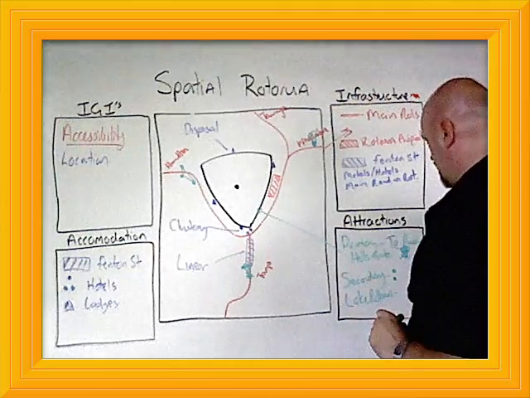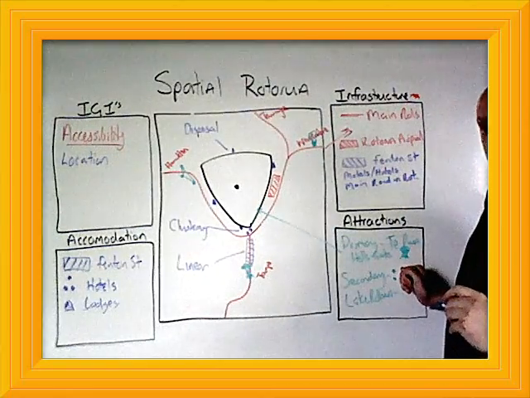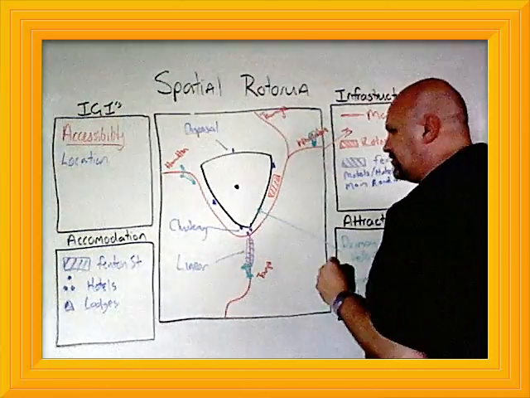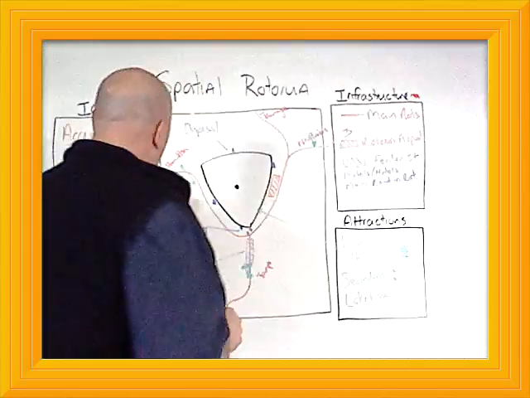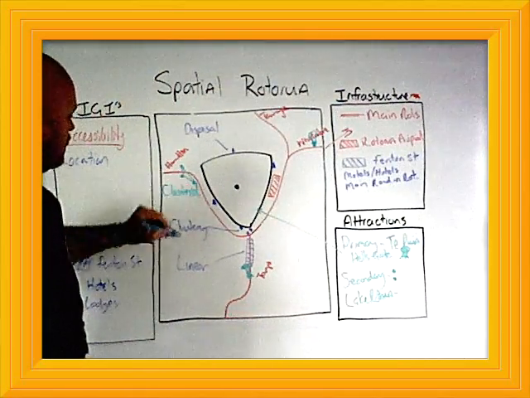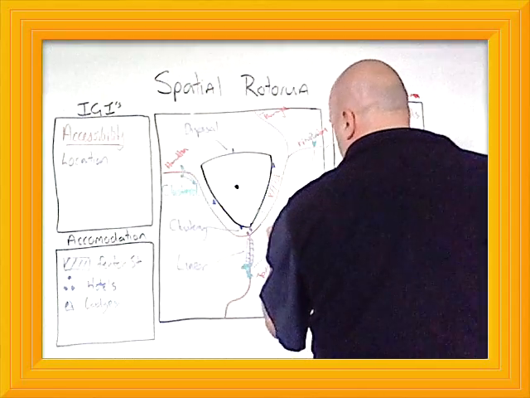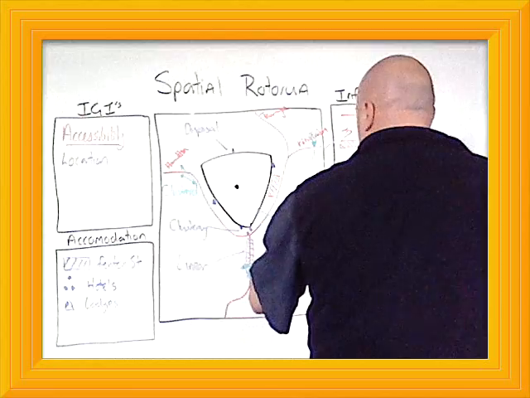Looks like a volcano erupting or something like that. Those secondary attractions are clustered. Okay, so we'd write up on here clustered, and we'd write down here, draw a couple of lines, dispersed.